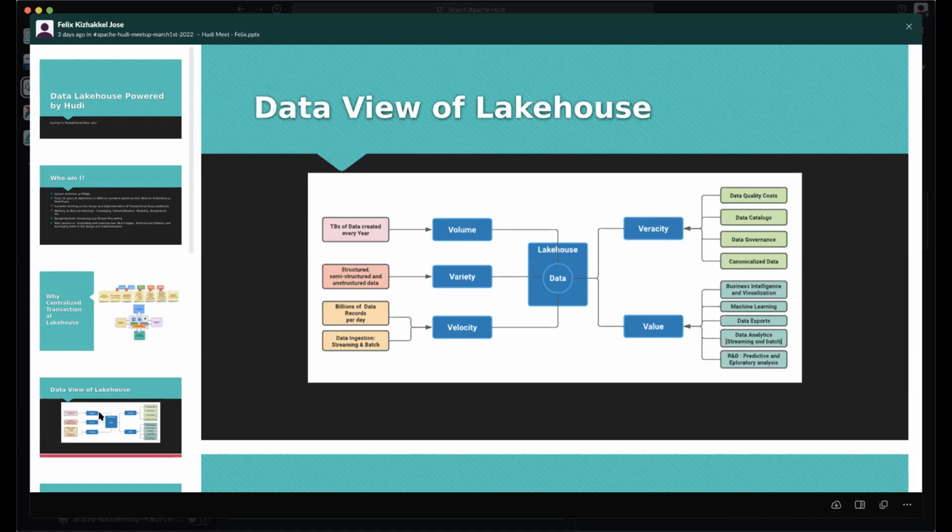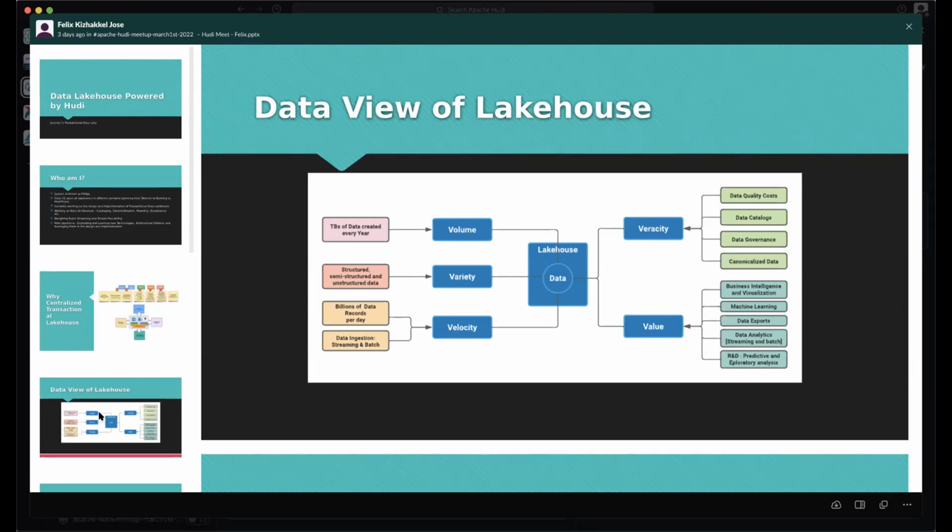From a veracity perspective, we have to ensure the data quality, and we have to have the catalogs. Every big data engine can just run on a unified API. Then the data governance, and the data should be canonicalized.